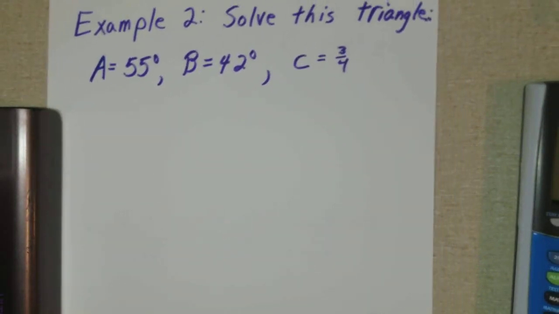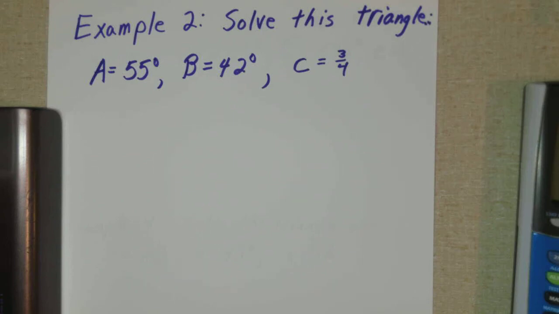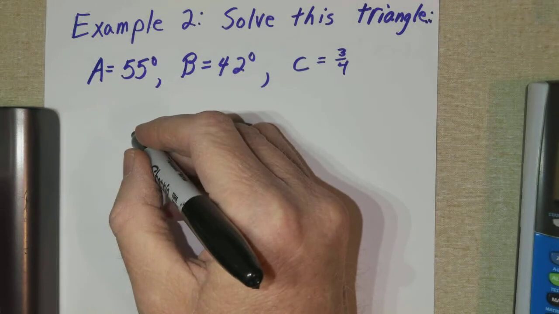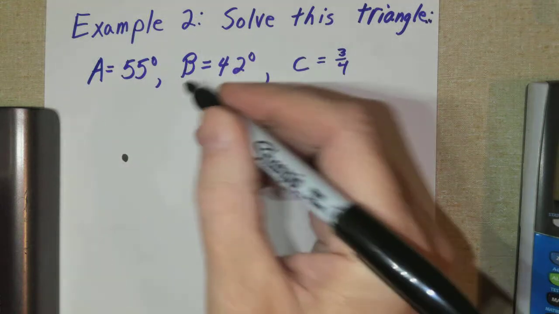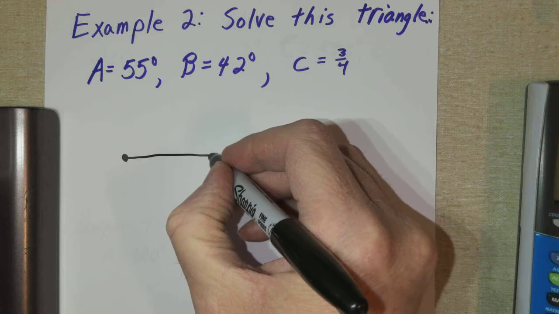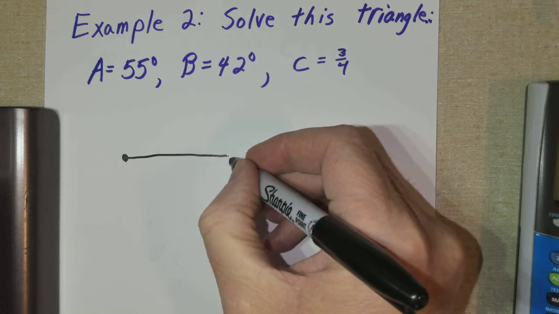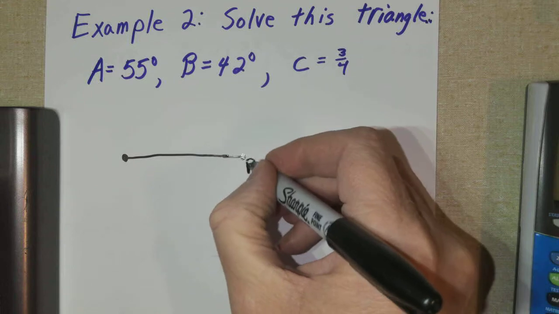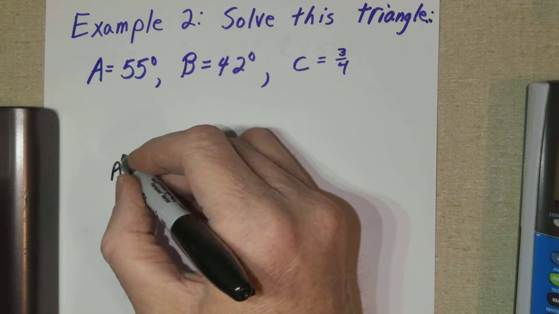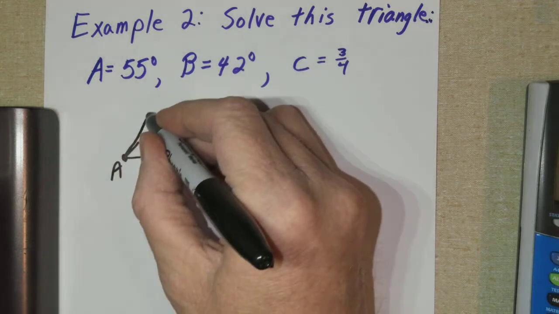All right, let's look at example 2. We got A is 55 degrees, B is 42 degrees, and C is 3/4. Let's put A here, and I'll put B here. 55, there's 90, I'll go a little more than that.